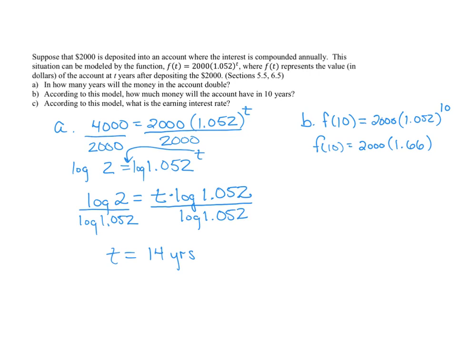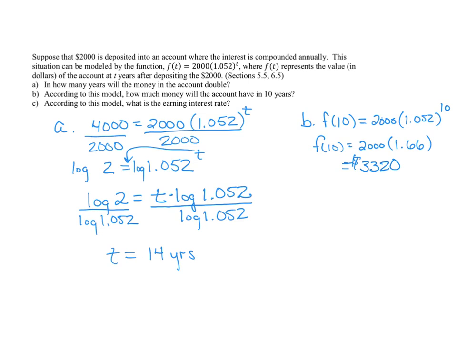There is more decimals there, and you do need to keep them because as soon as we multiply by 2,000, we should get $3,320. And I'm not sure exactly what it wants us to round to, so I'm going to leave it at dollars. And we're done with that one.